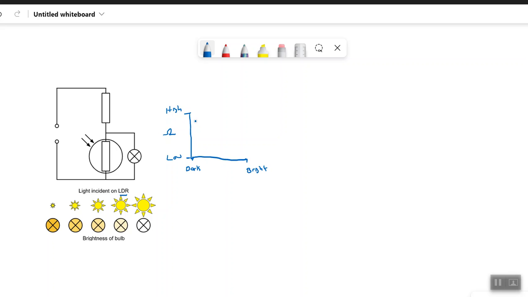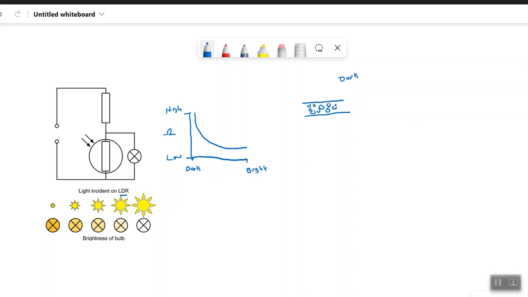What you're going to get is this kind of setup. In the dark, the resistance is really high, and when it's bright, the resistance is really low. So this section is going to be in two states. You'll have this state here when it's dark. Imagine this is the path that the electrons have to move through.